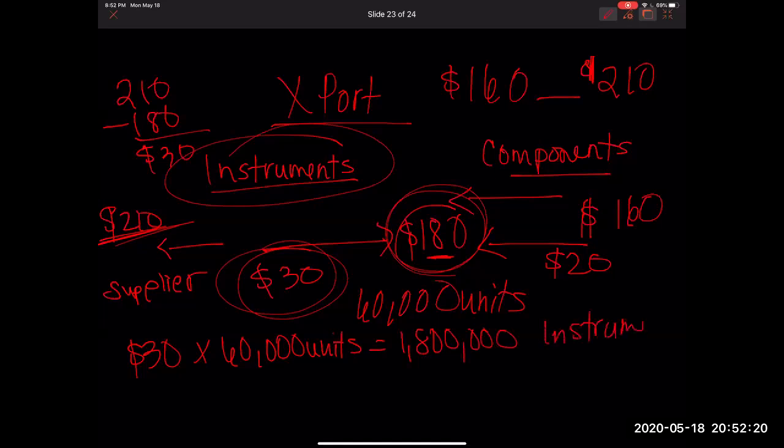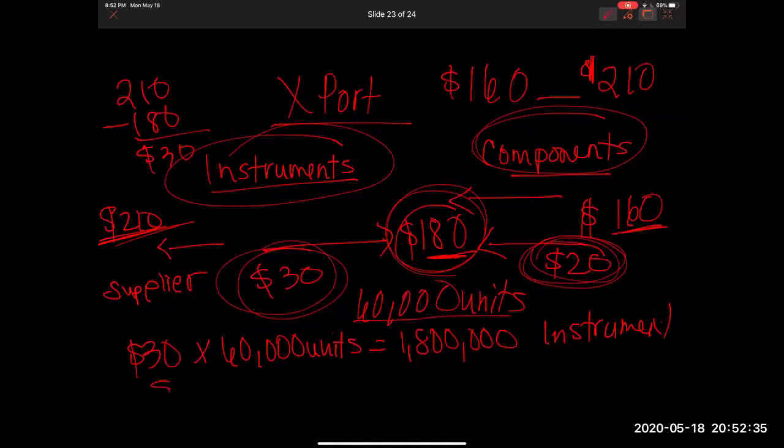Now for the components department, their variable cost is 160 and they're going to sell it for 180. So that is $20 above their variable cost, and again, what's in question is 60,000 units. So you do $20 times the 60,000 units, and that gives you a total of $1.2 million in profit for the components division.